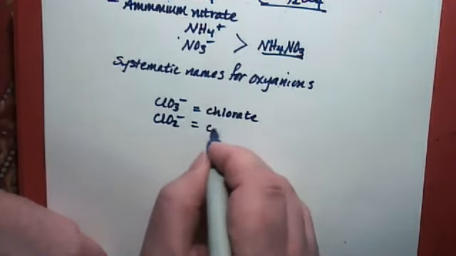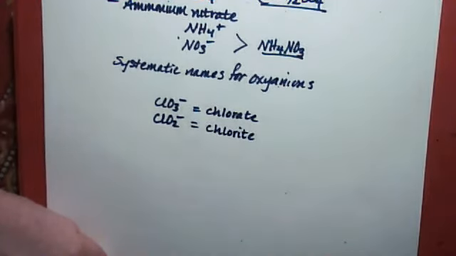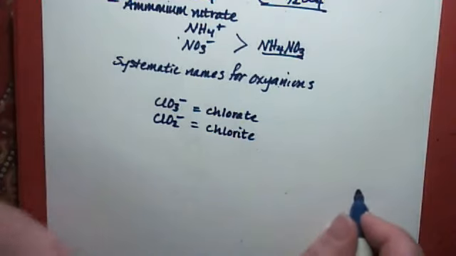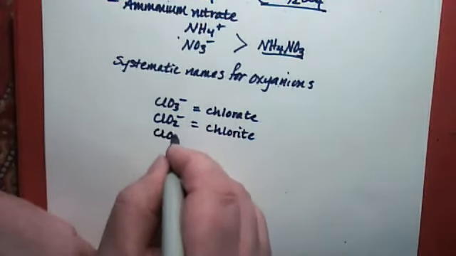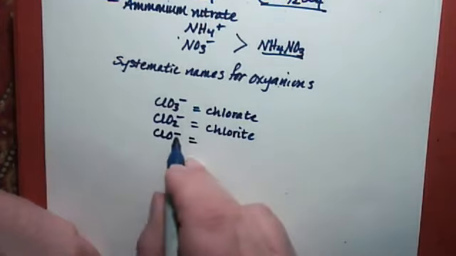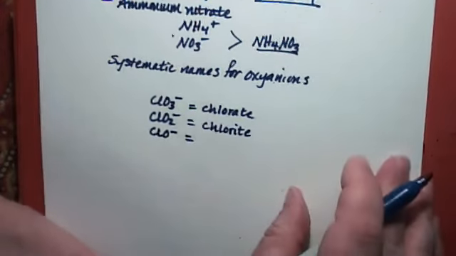So not surprisingly, ClO2- is chlorite. Okay, so far so good. Unfortunately, it turns out there's also an ion that has the formula ClO-, one less oxygen than the one that ends in ITE. Okay, great.